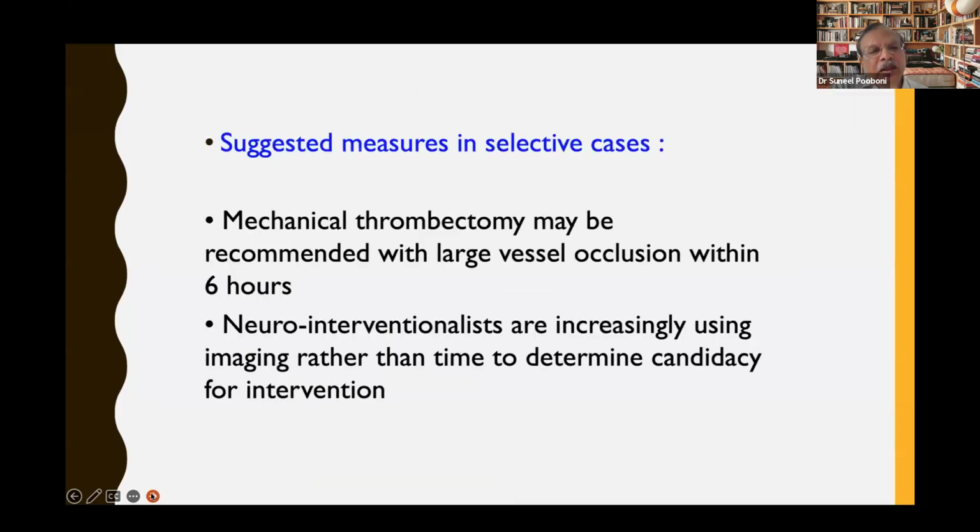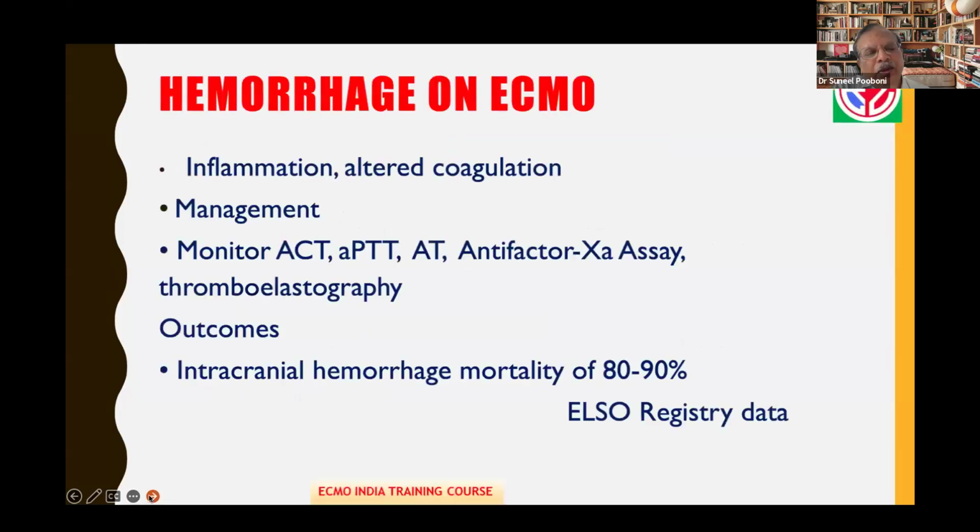In some centers, neurointerventional radiologists help with mechanical thrombectomy for large vessel occlusion within 6 hours. They have been very helpful in operating on patients on ECMO as well. But as a team, we all need to exercise this.